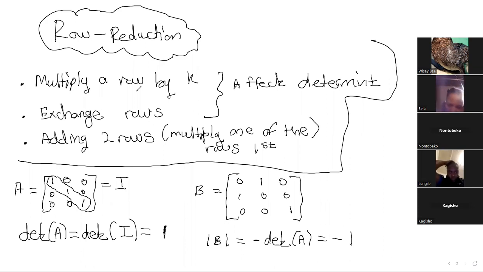And then if we multiply by K, for example, let's say we have matrix C here. From this, let's say we multiply this by 3. We did one row operation on this matrix.